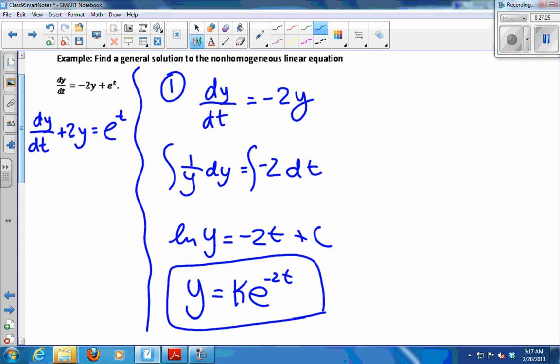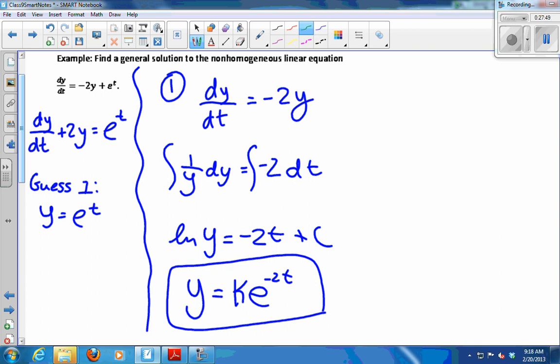So what kind of function? Well, e to the t is floating around in my brain because its derivative is itself. So I'm thinking, okay, maybe it's e to the t. Let's just guess e to the t. It's just a first guess. Let's check and see if it works.